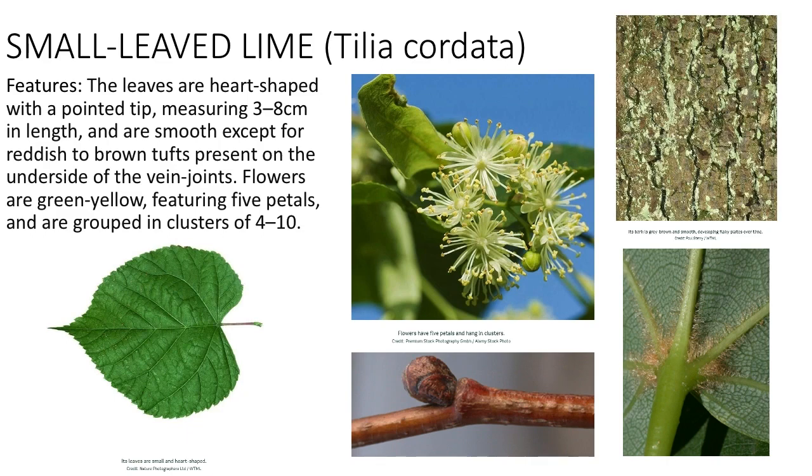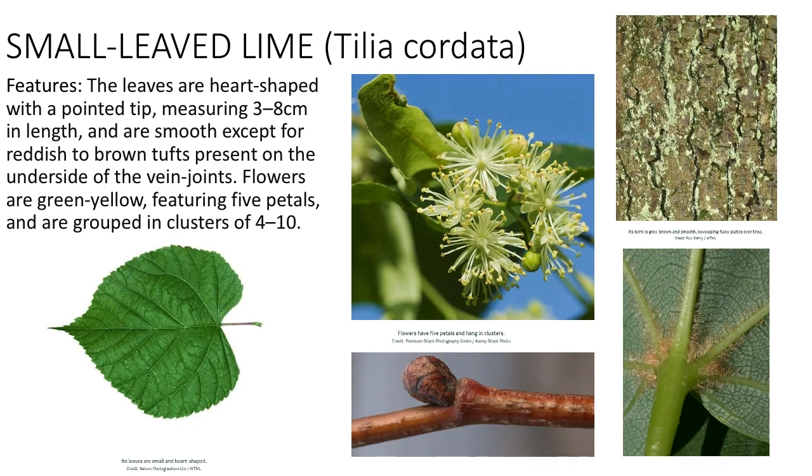The flowers are green-yellow and they have 5 petals that are grouped in clusters of 4 to 10 on a flower head. So you can see here in the middle photo, you maybe can't see the petals that clearly because there's so many stamen, but they are 4 or 5 petals to each flower.